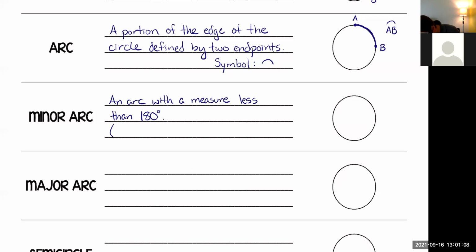Now, a little note here about it. When we're defining a minor arc, we use 2 letters when naming it. I'm actually going to highlight that because that's pretty important, because it's going to cause some confusion if we don't realize the difference.